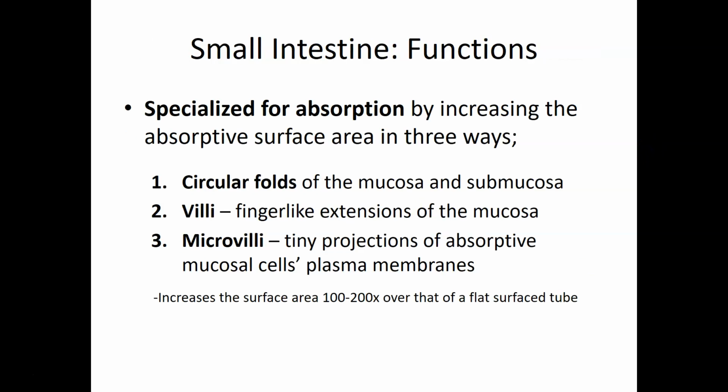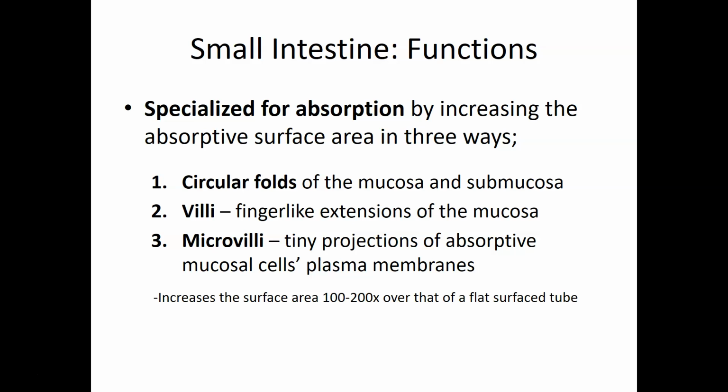Now, how is the small intestine specialized for absorption? Absorption is one of the main functions, and how does that work? One of the main features of the mucosal layer, and somewhat the submucosal as well, is there are some modifications, I guess you could say, or features of the inner mucosal membrane that vastly increases the surface area.